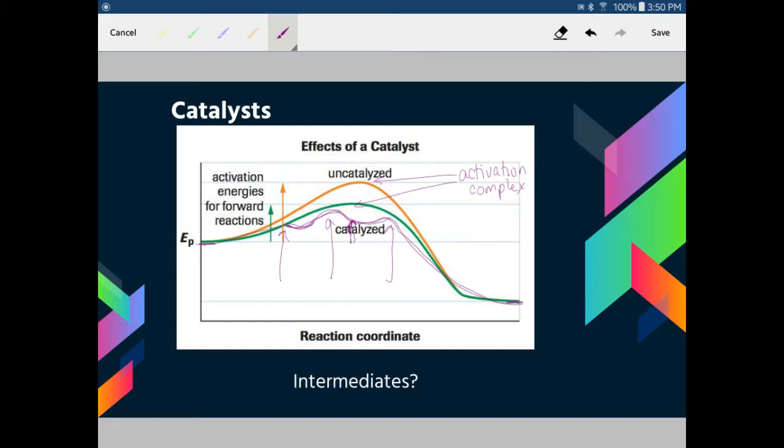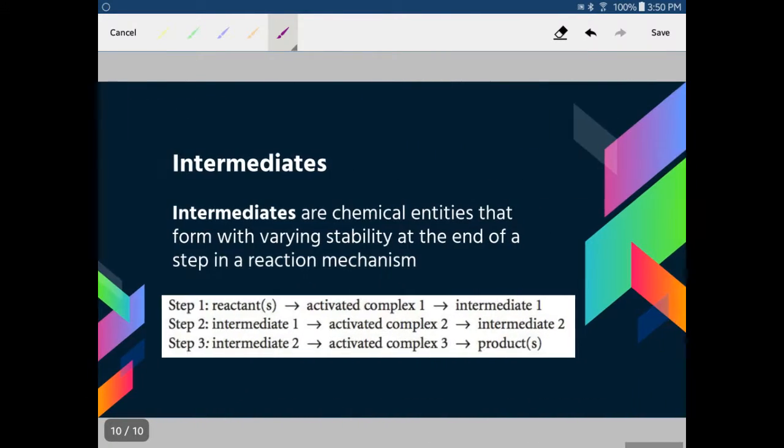Now, this is seen, like I said, more in biological systems when we're dealing with enzymes, but essentially it would look something like this. We have intermediates produced, and they have varying amounts of stability in this chemical reaction. Essentially you start with your reactants, you get your activated complex, so your two reactants have bumped together, and then that forms intermediate 1.